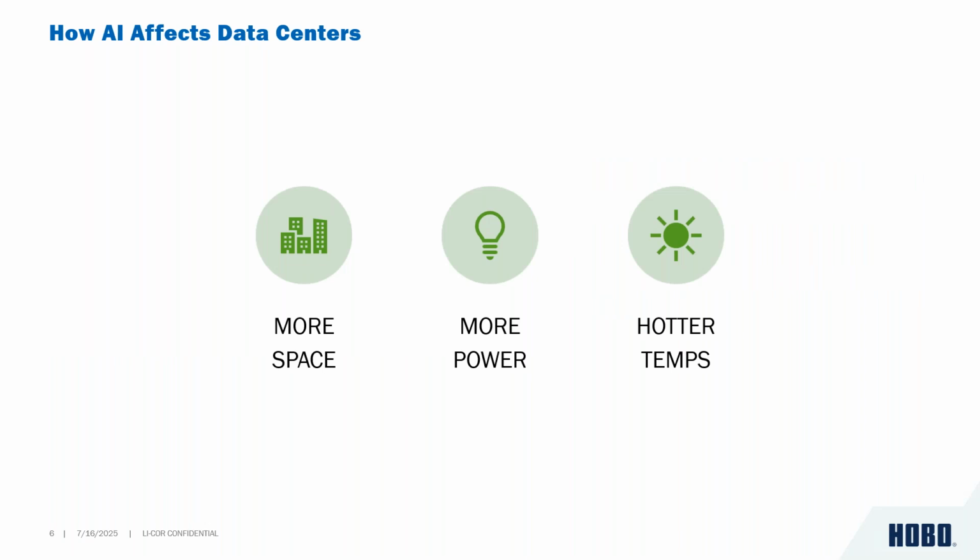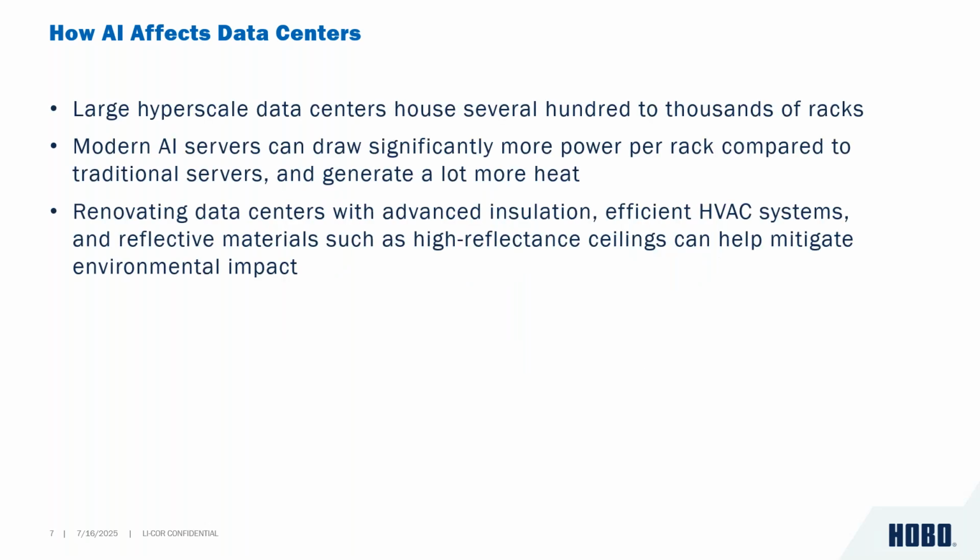Now, as AI has become more prevalent in our life, this has had an effect on data center monitoring. More specifically, it requires more space and more power. More power typically equals hotter temperatures. So large hyperscale data centers house several hundreds of thousands of racks hosting servers.